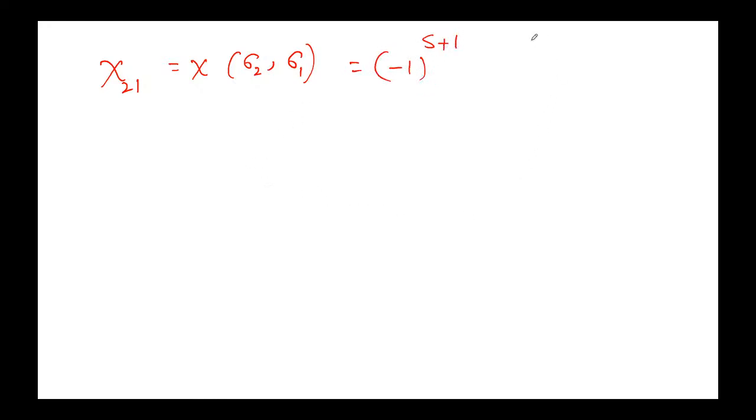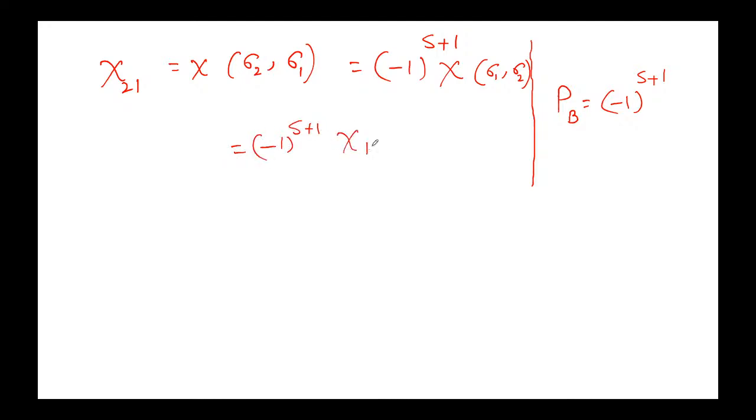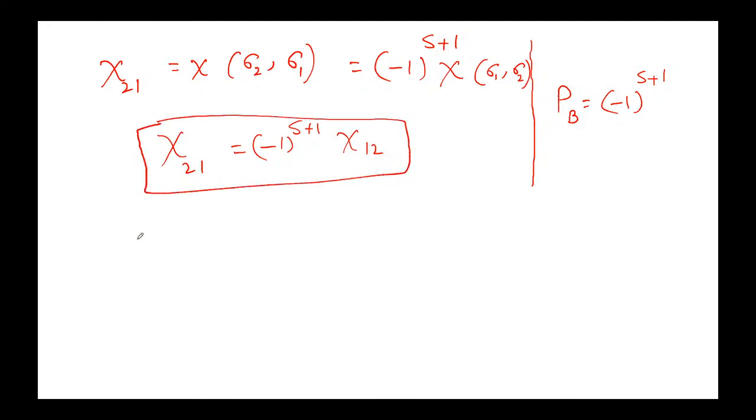So he derived this spin operator, which is dependent upon the spin of the particles, as minus 1 to the power s plus 1, sigma 1 sigma 2, which we can also write as sigma 12. So this is how the Bartlett operator changes the spin of these nucleons.